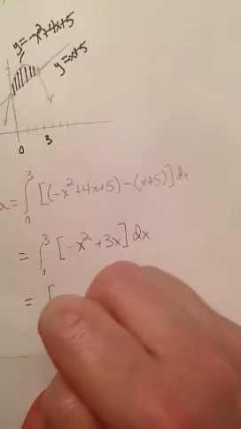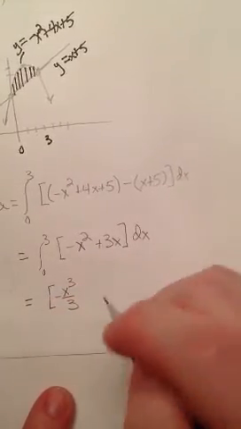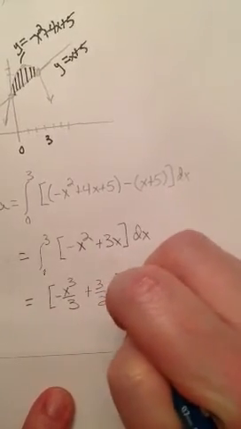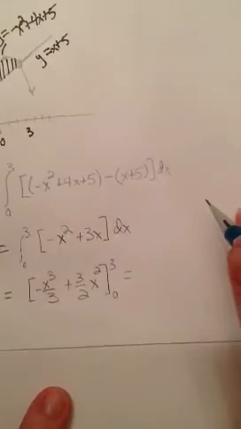So once again, reverting to the power rule of integration, the antiderivatives will be negative x cubed over 3 plus 3 halves x squared, as x goes from 0 to 3.